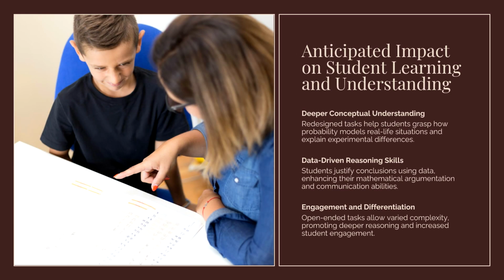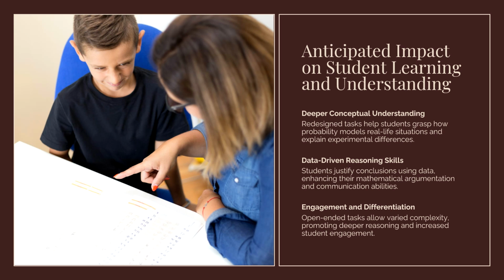The redesigned task shifts students from simply completing steps to actively thinking about probability. So instead of just calculating answers, students design their own carnival game, make predictions, and then compare the theoretical and the experimental results. This helps our students develop a deeper understanding of how probability works in real situations and why the results may differ.